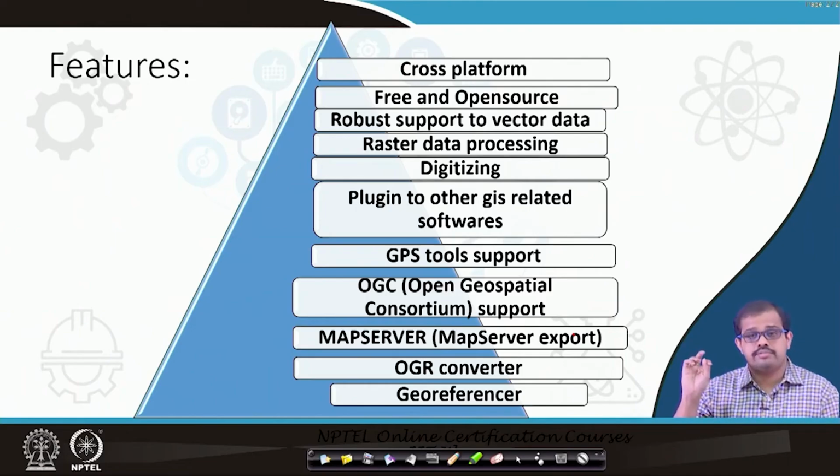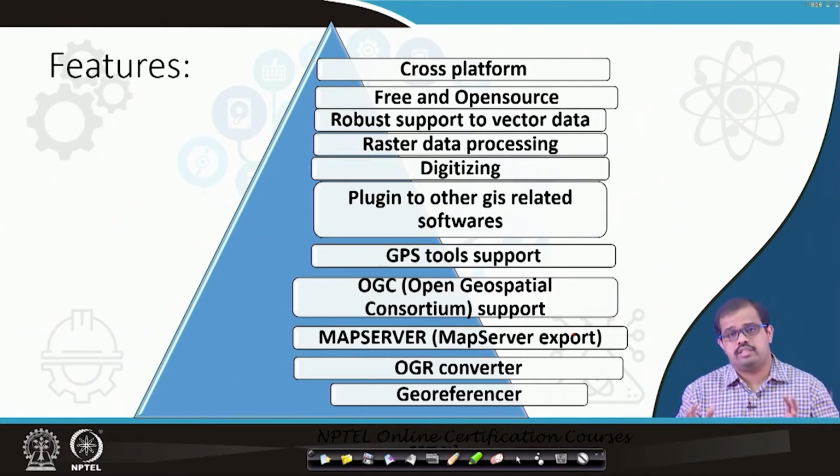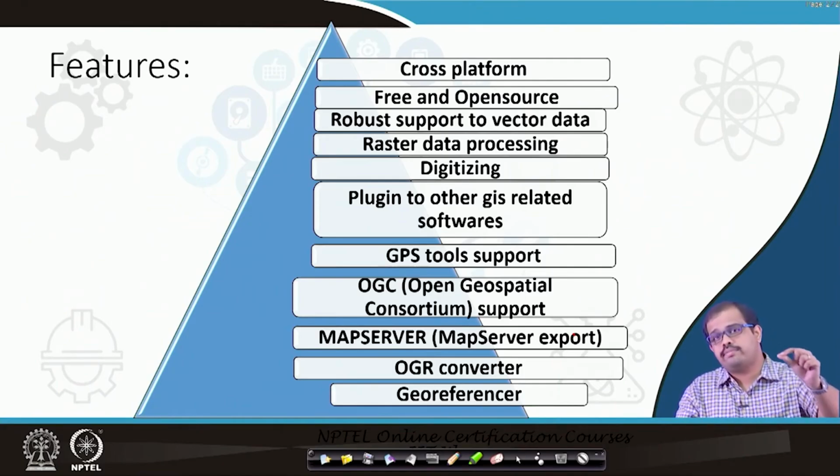And if someone is looking at today's context, most of the thing is that you have to develop it on the web. Anyone looking at today's developments, it is through a web service, whether it's a map or a feature.